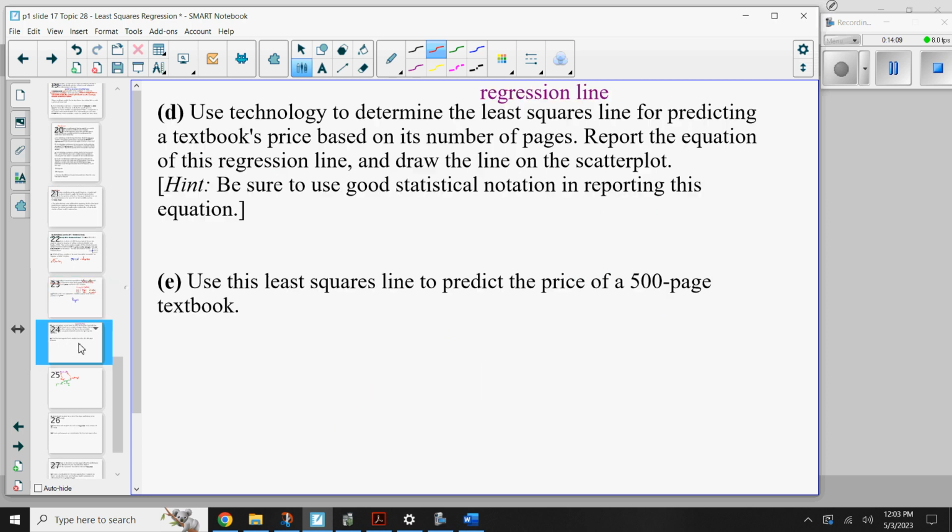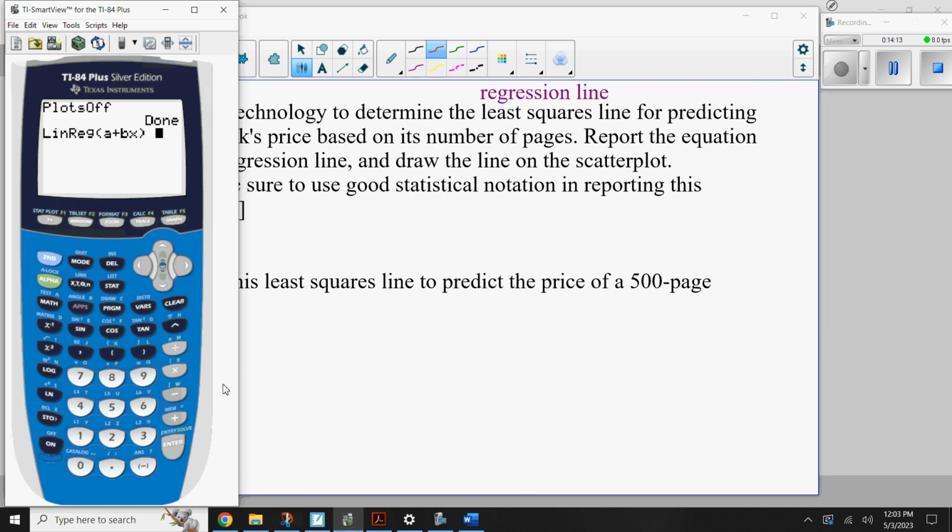I had stat, calc, linreg, and I'm going to go second 2, comma, second 1. And if I hit enter, I'm going to at least get the equation of the line. All I need to do is, if it's y equals a plus bx, I have the a and I have the b. But we can get a little more information out of this linreg function on the TI.